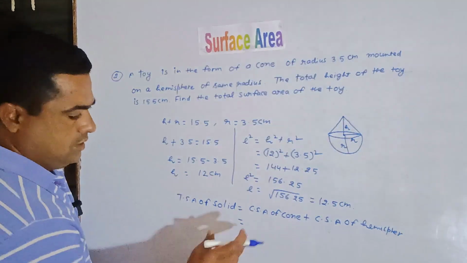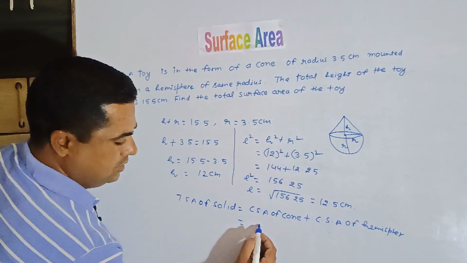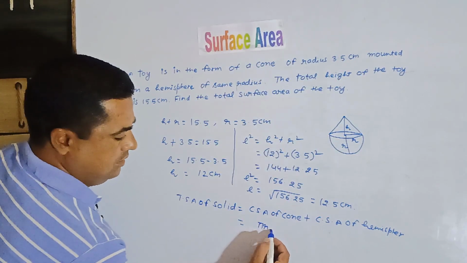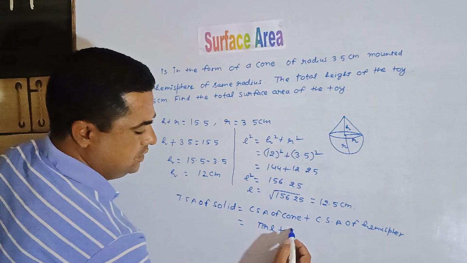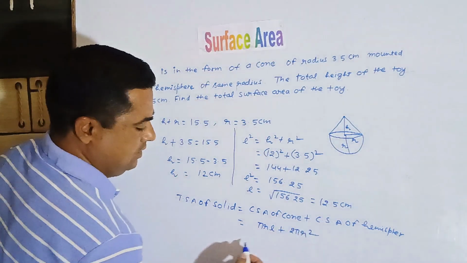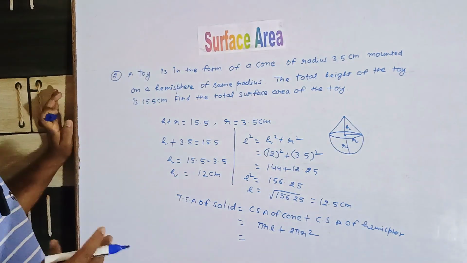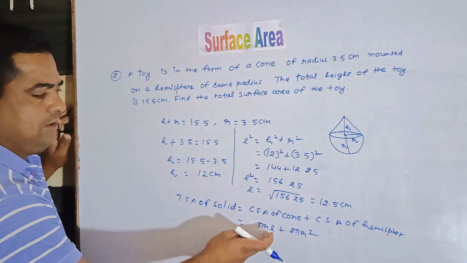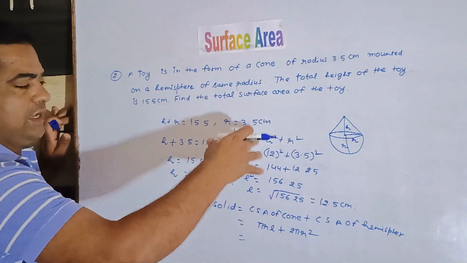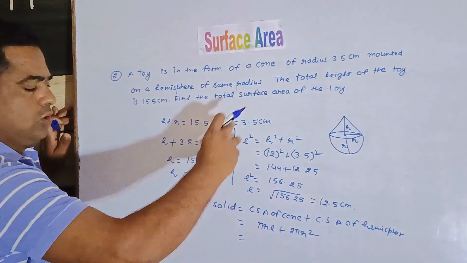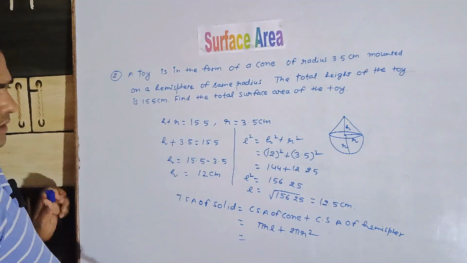The curved surface area of the cone is pi r l, plus the curved surface area of the hemisphere, which is 2 pi r square. Students, now we will put all the values. We have to put the value of l, which we have got as 12.5 after solving this part.